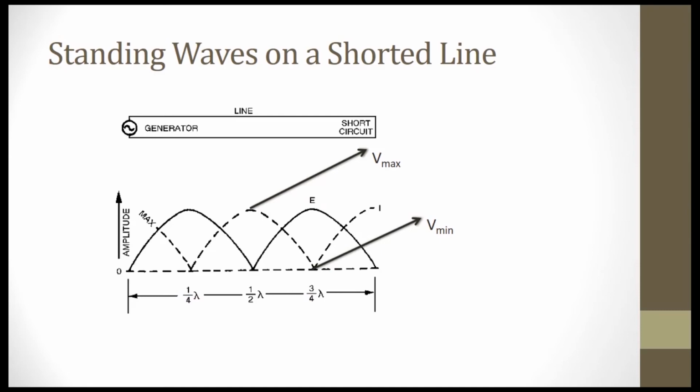The voltage becomes maximum only at 1/2 and one wavelength. Since the characteristic of our circuit is a series resonant LC circuit, our shorted line becomes inductive from 0 to 1/4 and 1/2 to 3/4, while it acts as a capacitance from 1/4 to 1/2 and then 3/4 to 1 wavelength.